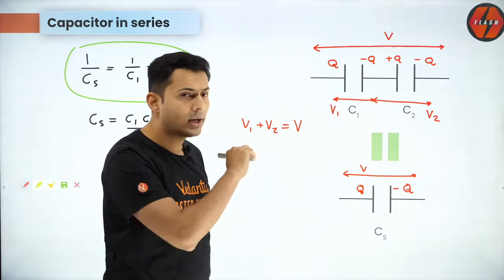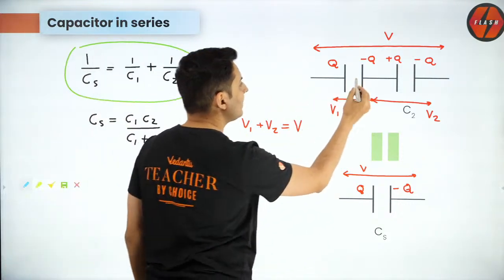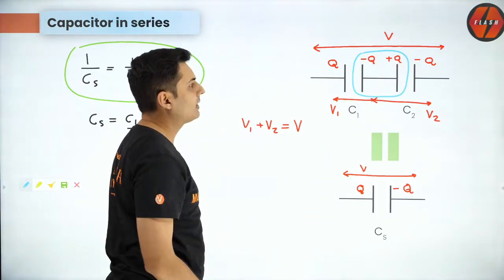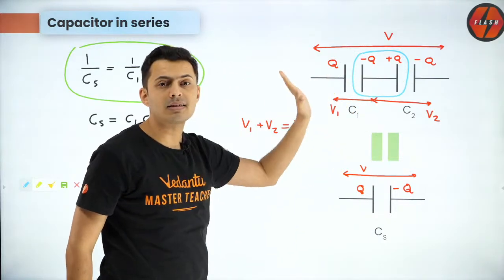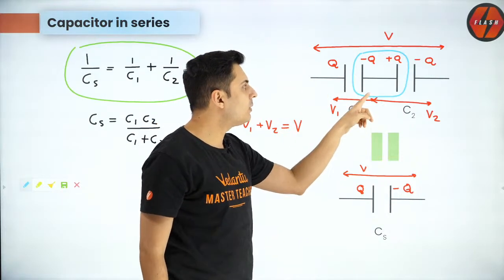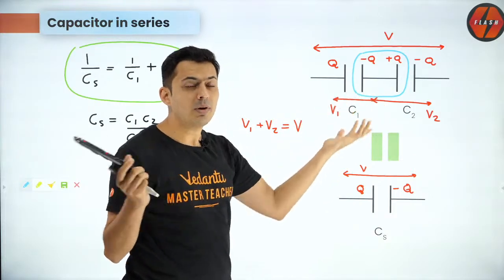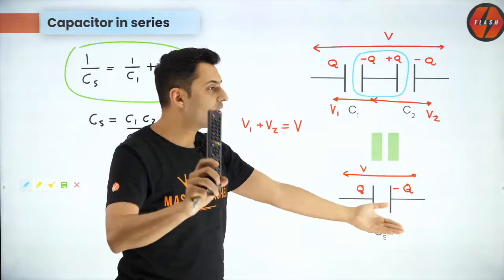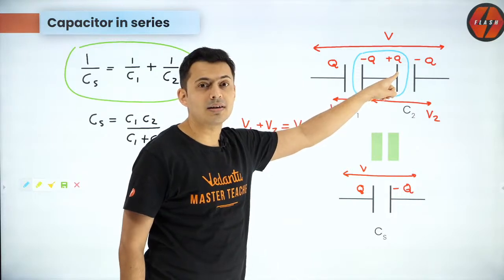Now, one way to look at this concept is, if you pay attention closely, you will realize that this part, look at this one which I have kept inside that blue part over here. This is an isolated system. It's not connected to the outside world electrically. Now think about it. The total charge on this part should be 0. Why? Because there is nothing which can come inside it, nothing which can go outside it. So naturally, if this has minus Q, this should have plus Q amount of charge.